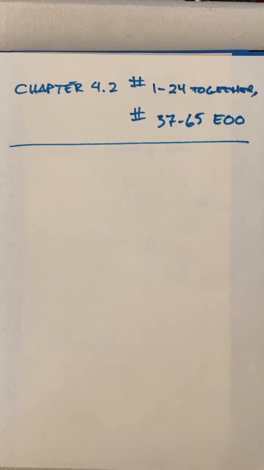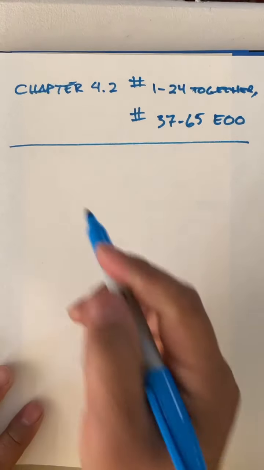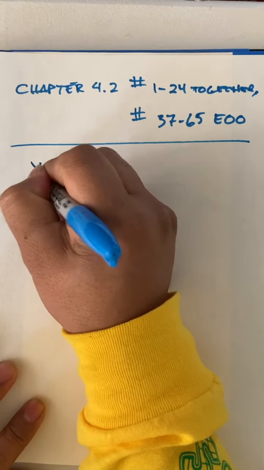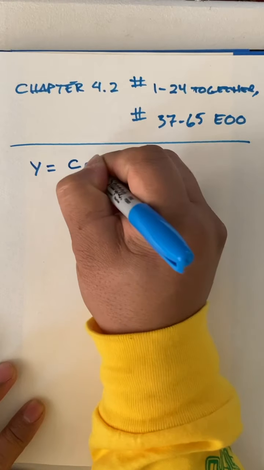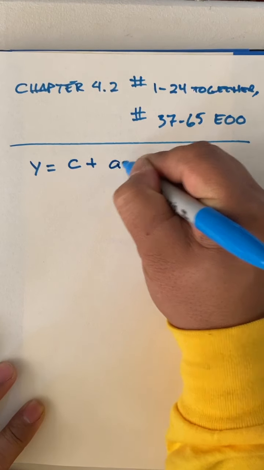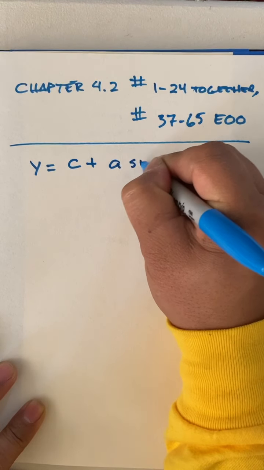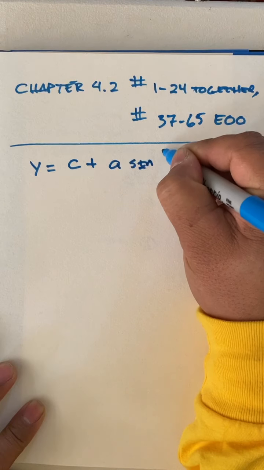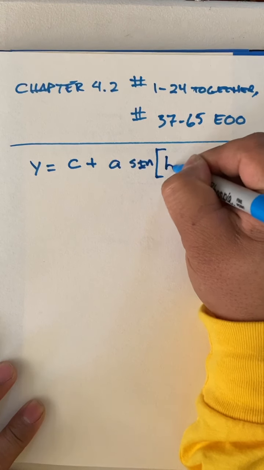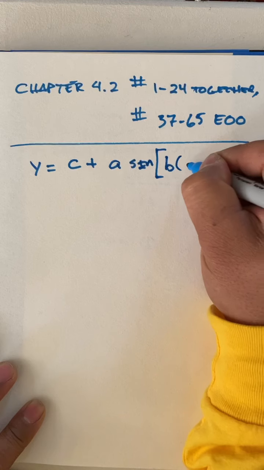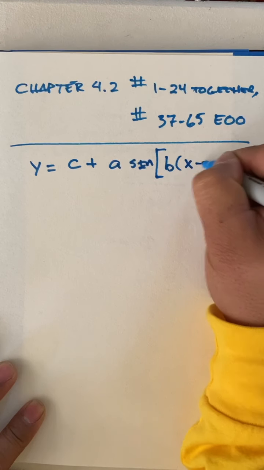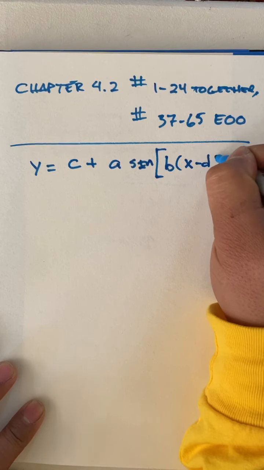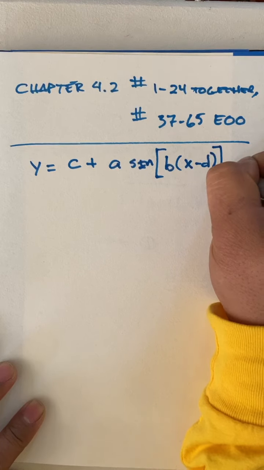All right. So all that said is a generic equation looks something like this. y equals C plus A sine, and then they use these huge parentheses because it's going to be parentheses within parentheses, (x minus d), and these hard ones are called brackets.